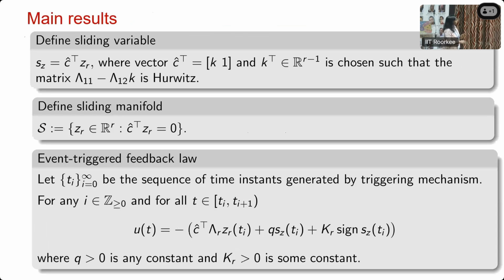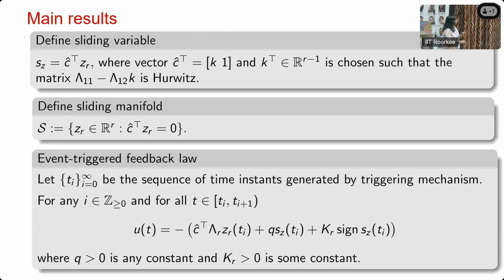So you can see this is the definition of this error for the time interval t_i to t_{i+1}. At t_i, Ez(t_i) becomes 0. So at every t_i, this error is made 0.